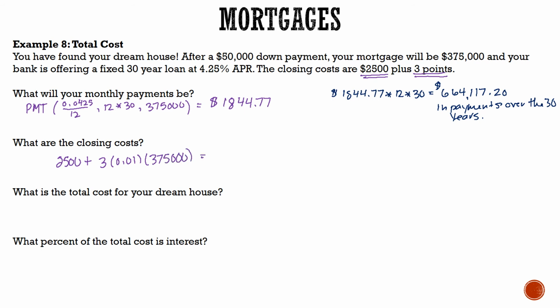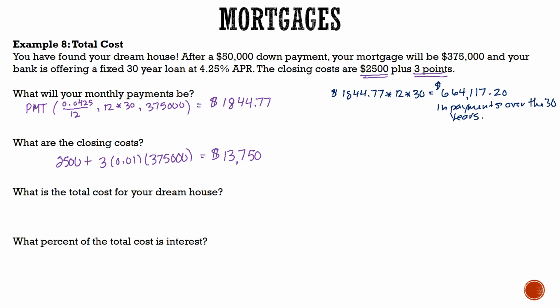So adding those together, we're going to have closing costs of $13,750. So that's how much it's going to cost for us to take out the loan. And that's separate from what the mortgage amount itself is. We're not including that in our loan amount or our payment amount. That's separate.